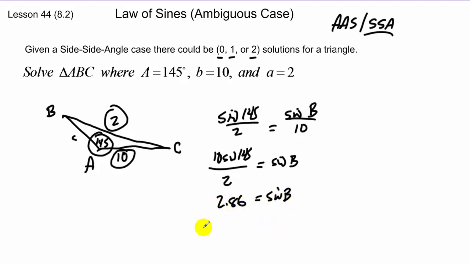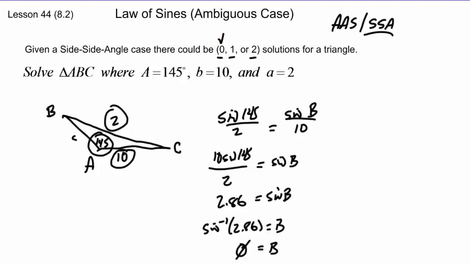And then when I take the inverse to find b, I get a no solution case. So it would come out in your calculations even though you don't recognize it. So here's a situation where I have a side followed by a side followed by an angle, and there were no solutions. So we took care of that one.